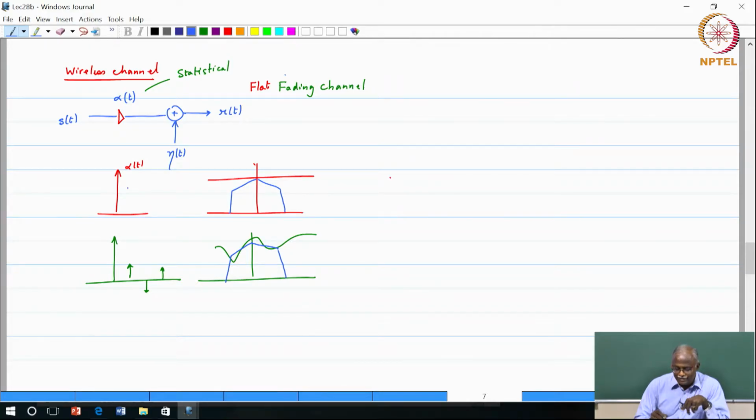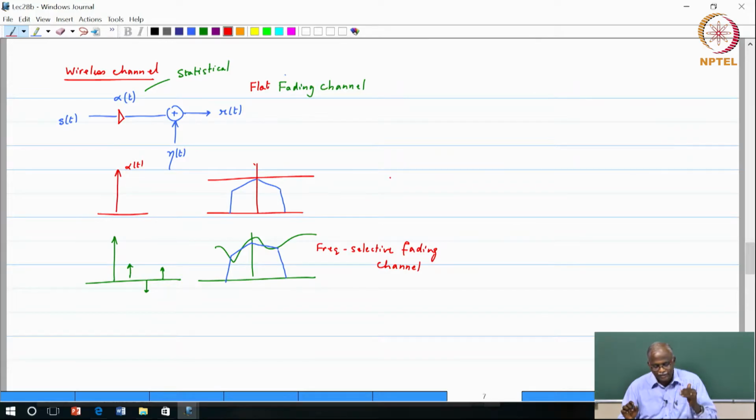So, channels where there is no dispersion are called flat fading channels, because all frequencies will see the same fading pattern. These are called frequency selective fading channels. Okay. So, right now we are not talking about frequency selective fading channels, we are talking about flat fading channels.